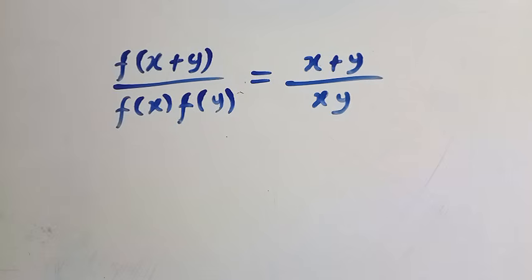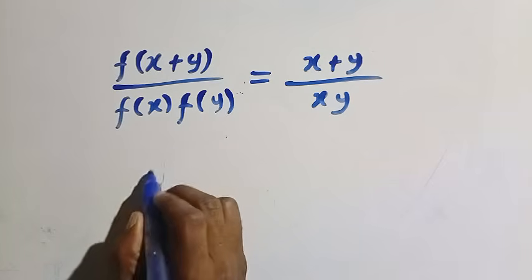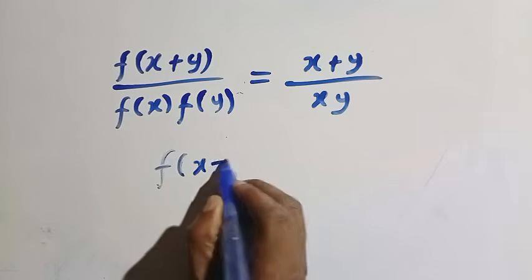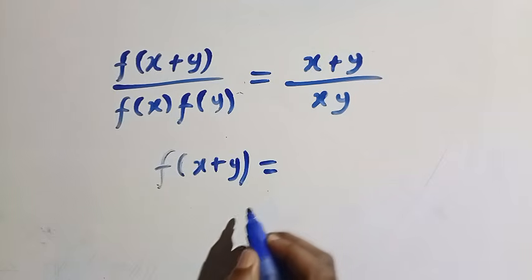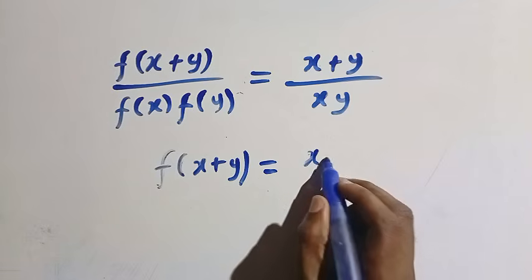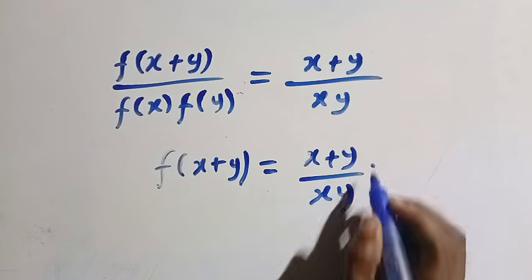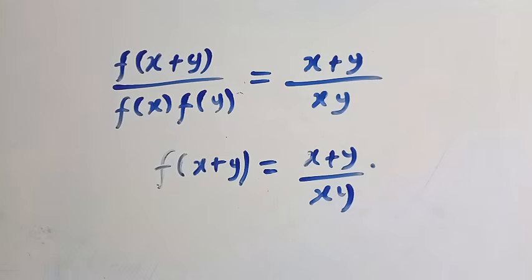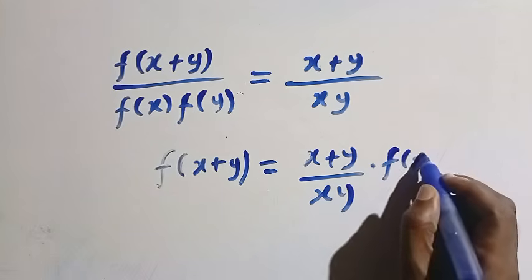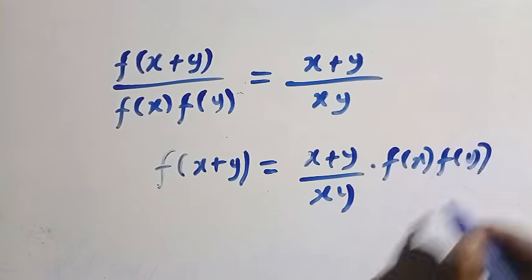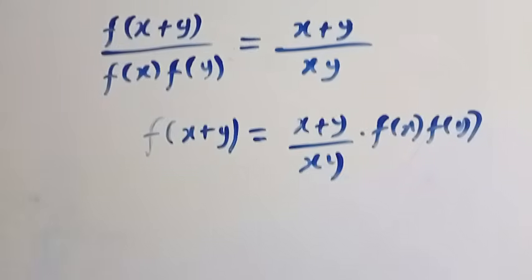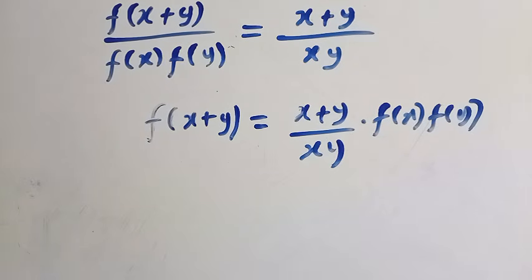We need f of x. If I cross multiply, at this point we have f of (x plus y) equals, this gives us (x plus y) over xy, then multiply by f of x, then f of y. After getting this, we proceed.